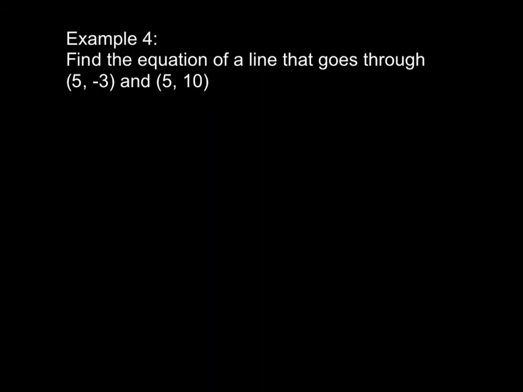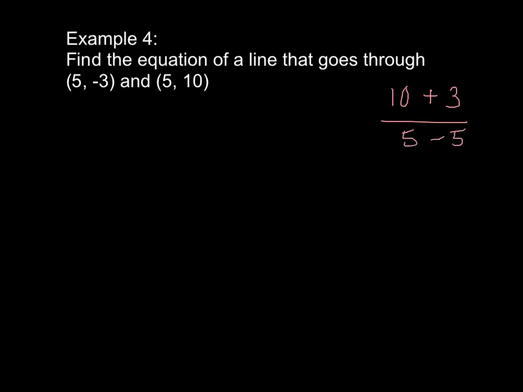Finally, I have this fourth example. And if I do a slope calculation, I end up getting 10 minus a minus 3. Minus a minus ends up being plus. And if I went 10 minus a minus 3, I now have to go 5 minus 5.